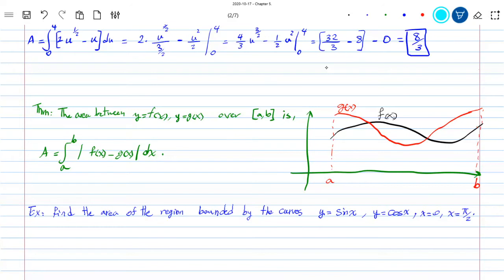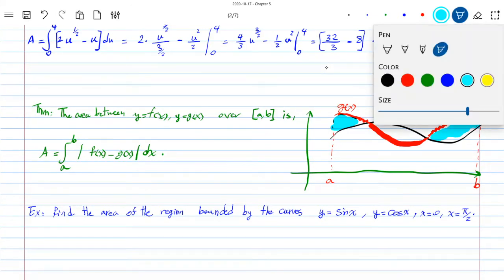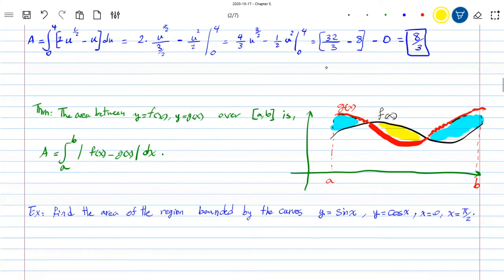What if you have functions g and f, and g is below f in some area, like in this section, and in the other part here, g is above f, and we want to calculate the area between the two functions? We want to figure out this area, this area, and this area, and add up all three.